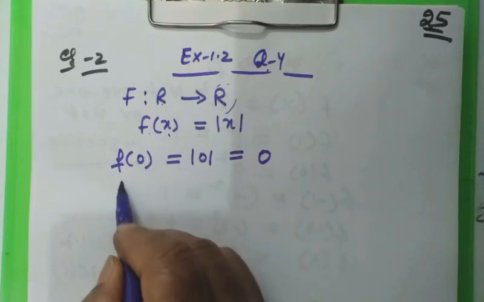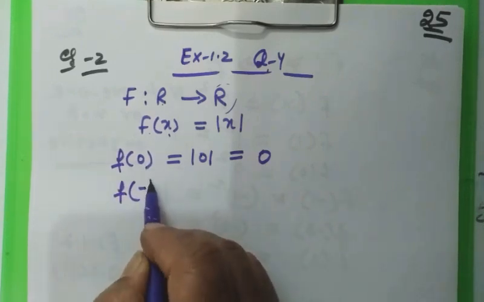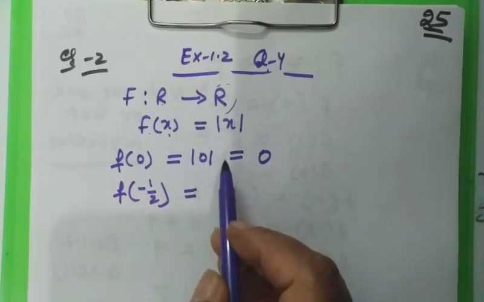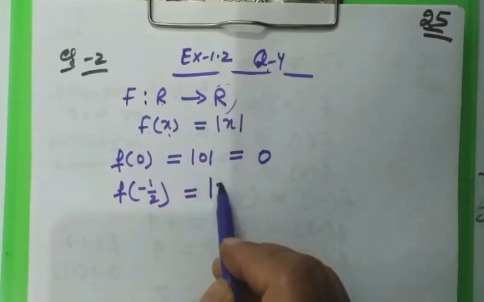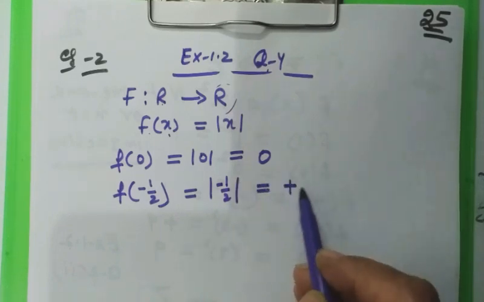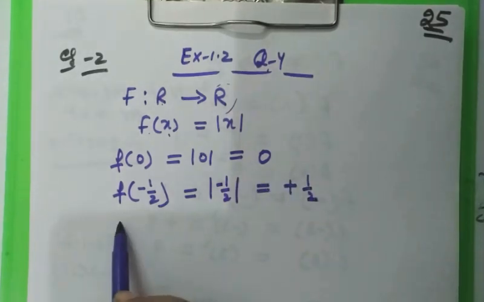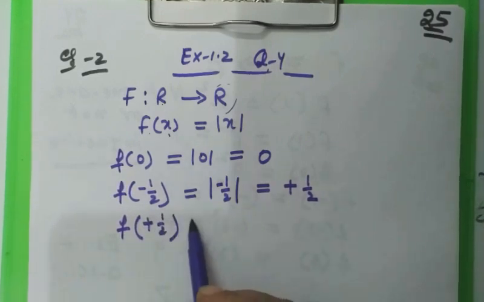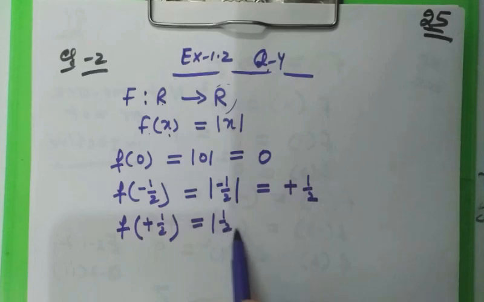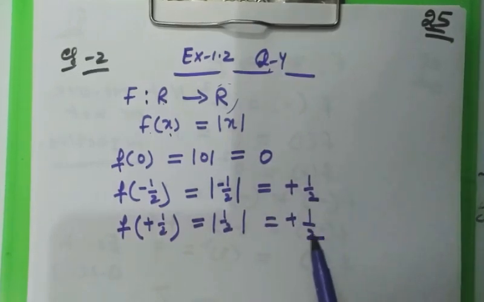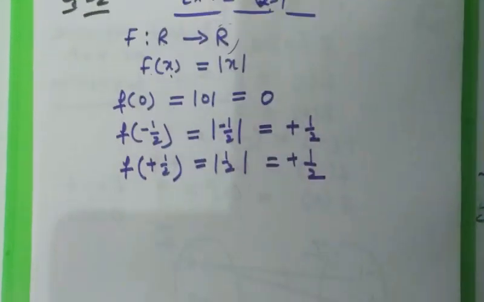Now, next I can take any other real number. Say if I take minus 1 by 2, the result will be modulus of minus 1 by 2, and I get plus 1 by 2. If I apply it on plus 1 by 2, I get modulus of plus 1 by 2, which is again plus 1 by 2, and I can check it for some other numbers.